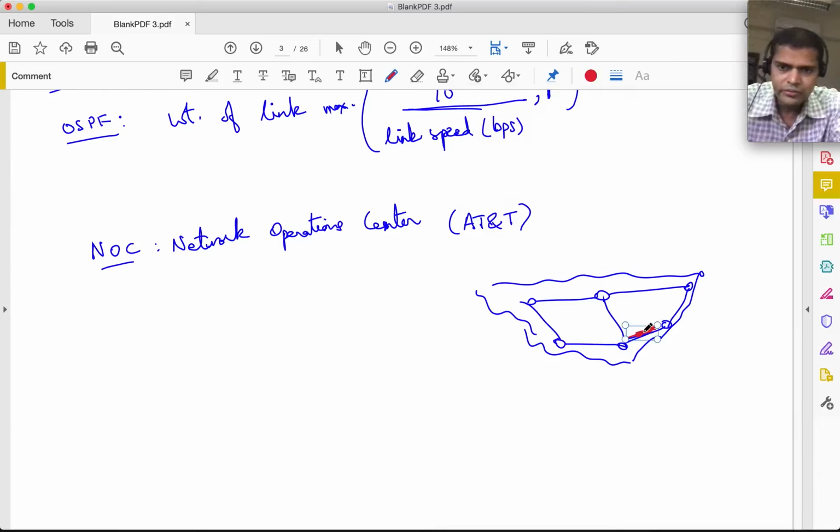What they would do is they would increase the weights here or maybe decrease the weights here a little bit so that the traffic would get rerouted. Okay, so at least at that time they were just using intuition. They weren't using a specific algorithm, and they were manually changing the weights a little bit so that utilization would come down in one place and maybe get shifted somewhere else. Okay, the traffic would get rerouted.